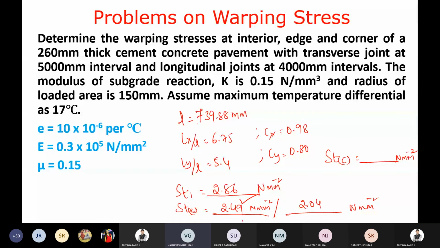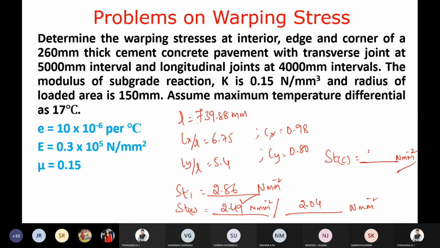So we have 0.49. Similarly, calculate for corner stress. 0.9, sir.